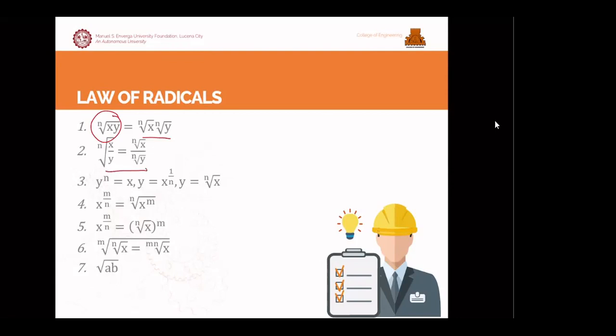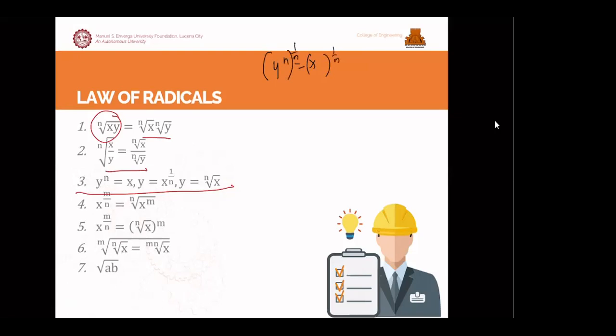And then ito yung sinasabi ko na relationship niya na kapag we see y raised to n is equals to x. Okay, sulat natin yan. So paano natin mahanap yung value ni y? So ang gagawin natin para malipat yung exponent sa kabila, we raise both sides by 1 over n.